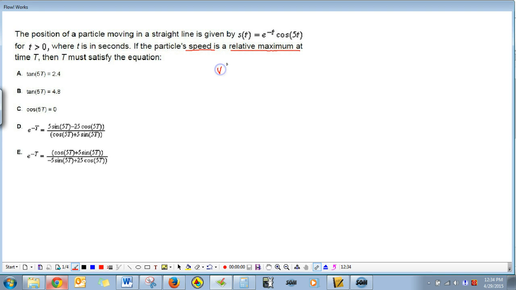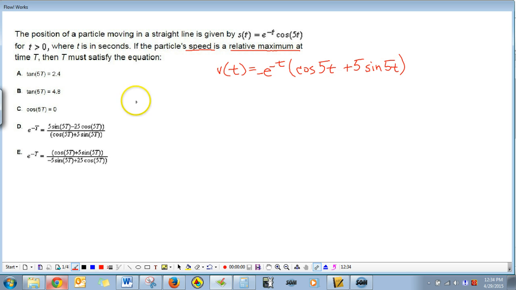We know that v of t, from the last page, is negative e to the negative t times the cosine of 5t plus 5 times the sine of 5t.